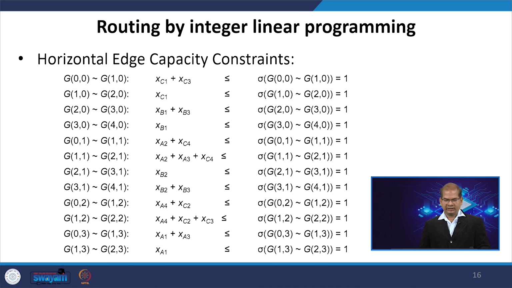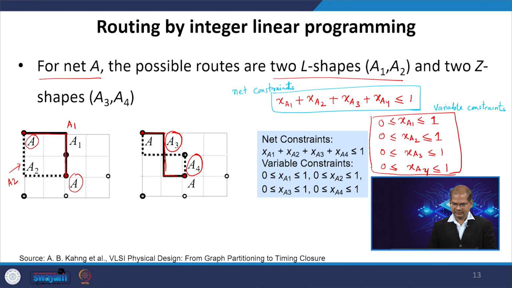Now, we will look into the horizontal edge capacity constraints. We will look at a few examples, because all of them are given. I will check some of them to see how this is created. We have the capacity constraint here.